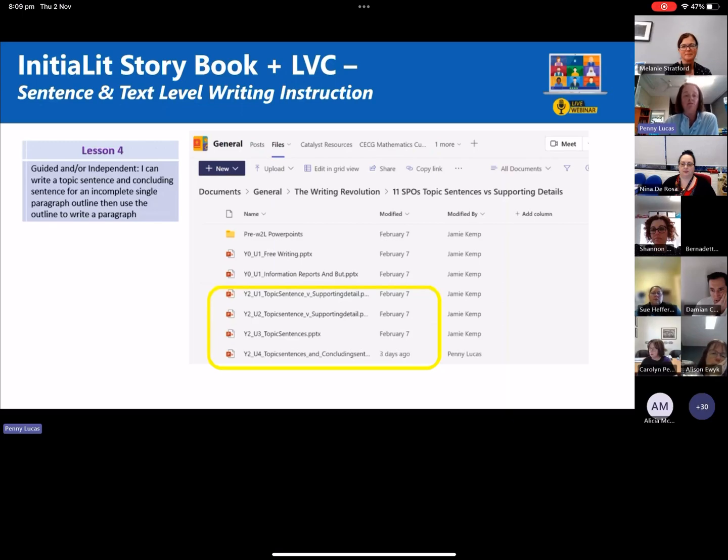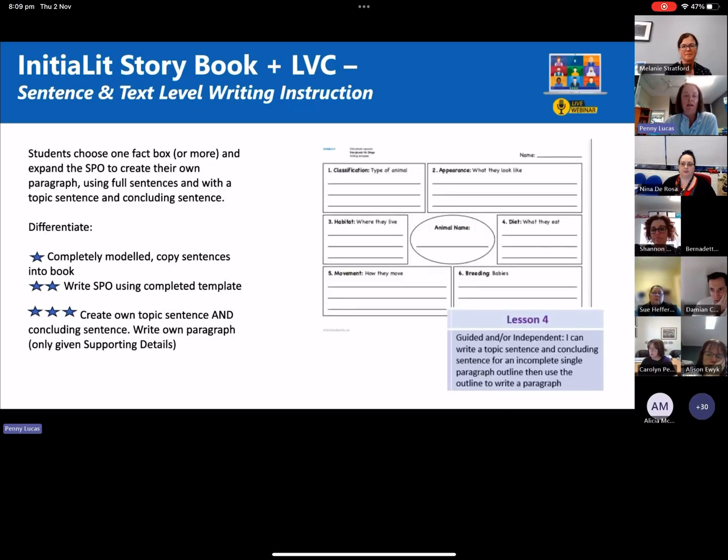Pop those into your lesson 4 at the beginning, and then this is the end task, I suppose, where I will be asking my students to choose one fact box or more and to expand the SPO to create their own paragraph using full sentences and with a topic sentence and concluding sentence.